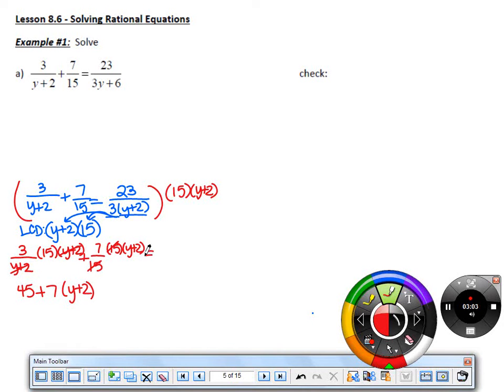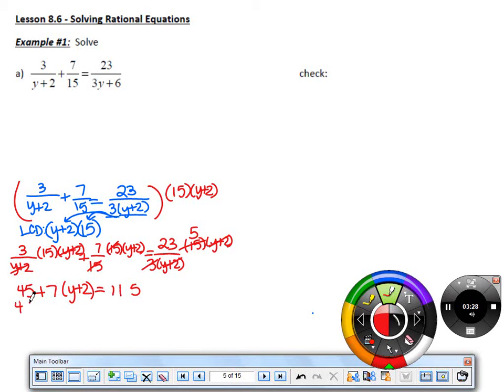And on the other side of the equation, the right side where I have 23 over 3 times y plus 2, if I multiply that by 15 times y plus 2, the factors of y plus 2 cancel out, and the factor of 3 and the factor of 15 both have a factor of 3. And when reduced by that, we're left with a factor of 5. And 5 times 23 is 115.